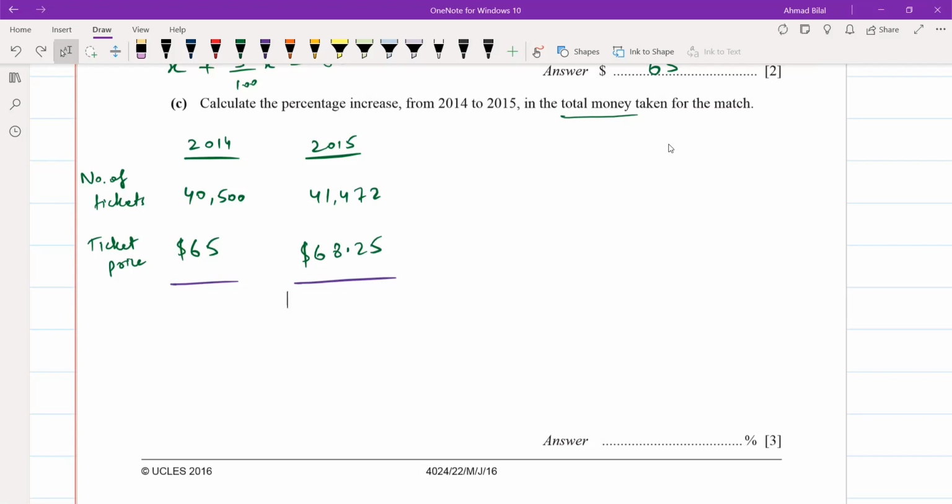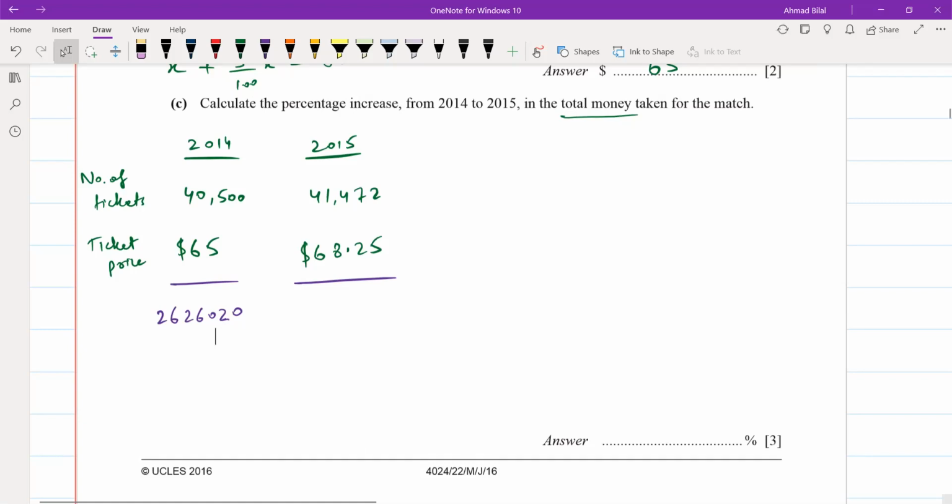Can somebody please do these calculations for me a bit quicker? 2626020. Okay. We have 2626020 here. And then we have the second one, 41,472 into 68.25.